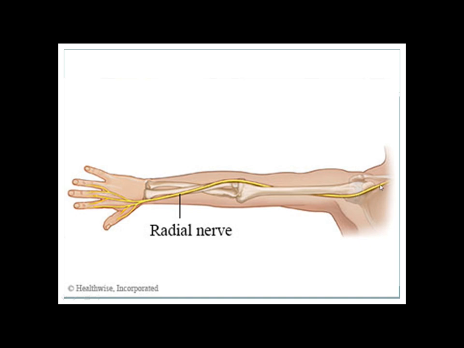It comes from the neck and then runs behind the humerus, going in very close proximity to the humerus in the shaft, and then it crosses the elbow and comes through the extensor surface of the forearm and ultimately innervates the muscles of the hand. So that's the gross course of the radial nerve.